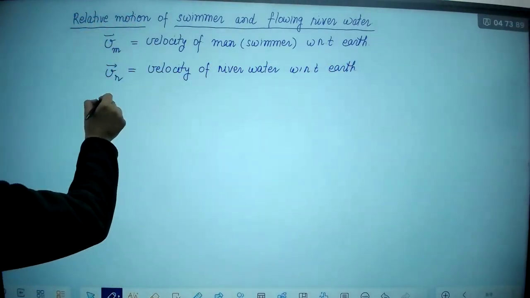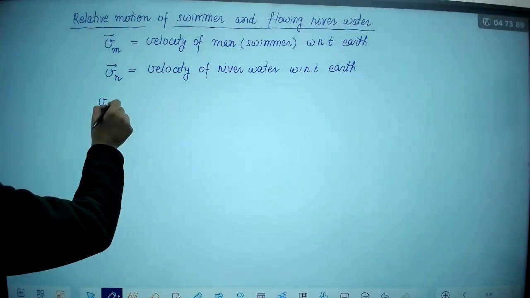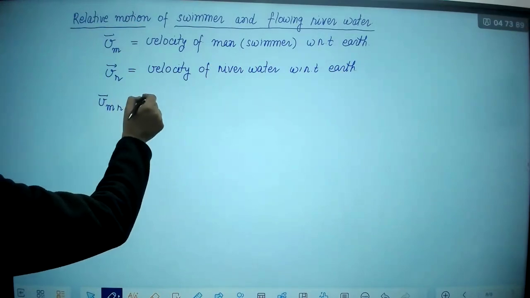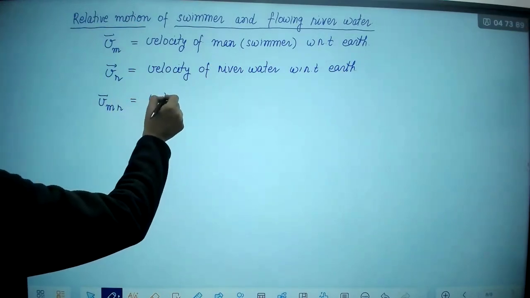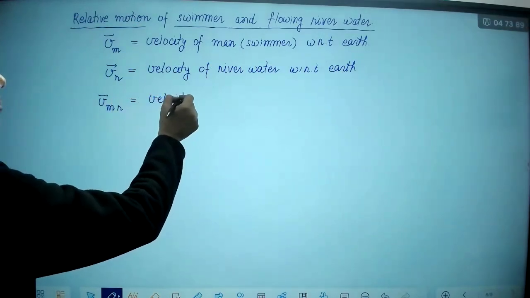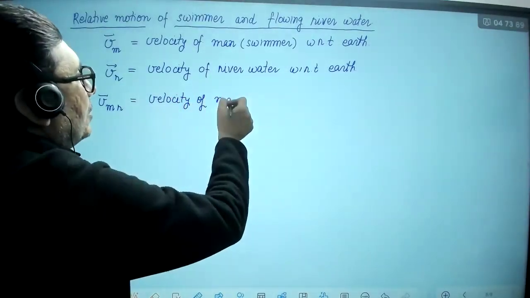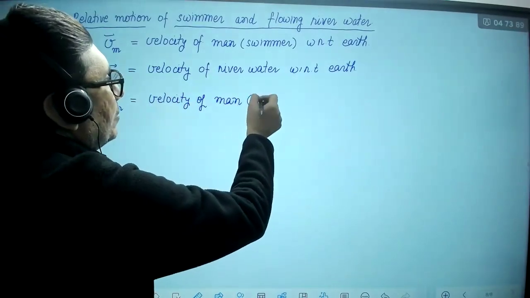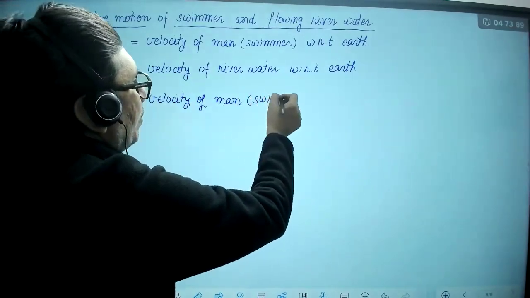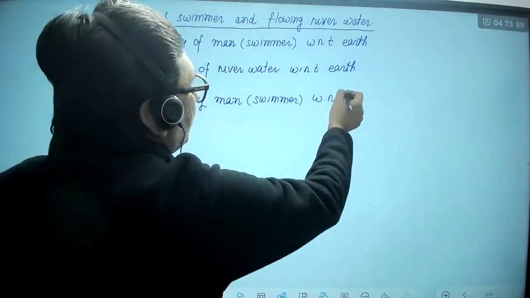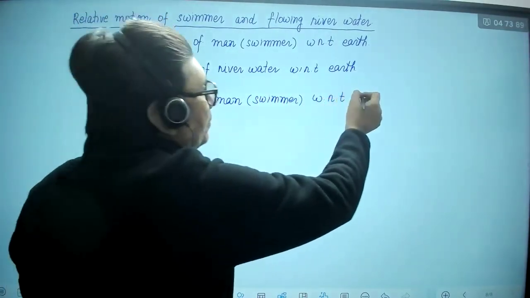Third is velocity of man or swimmer with respect to river water.